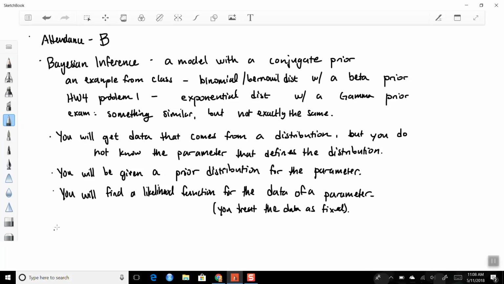And then you multiply the likelihood by the prior, and this will give you something proportional to the posterior.